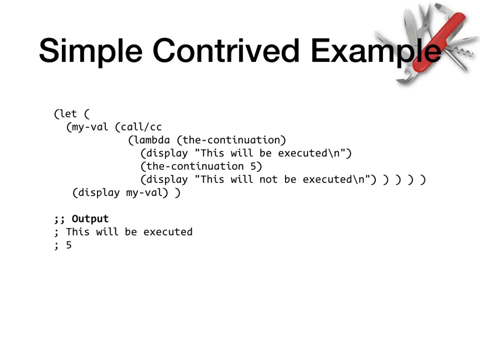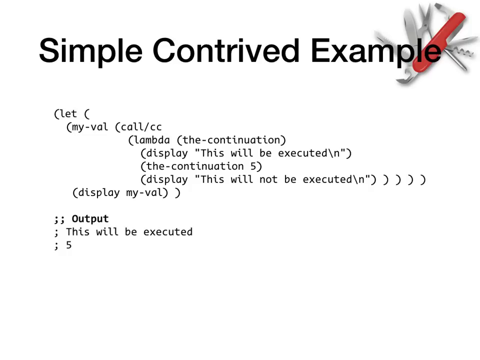Okay, so then we have call cc, and it will call this function, this next lambda here, and it will pass it the current continuation. And so I called that variable the continuation. Okay, so then I have a display. This will be executed, and then I call the continuation with the value of 5.